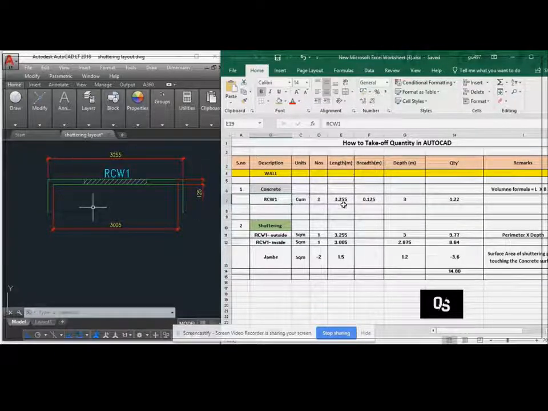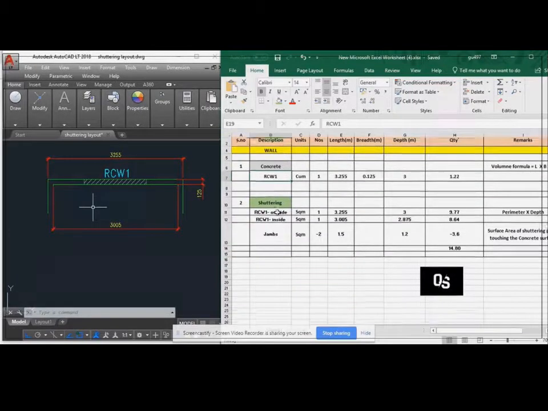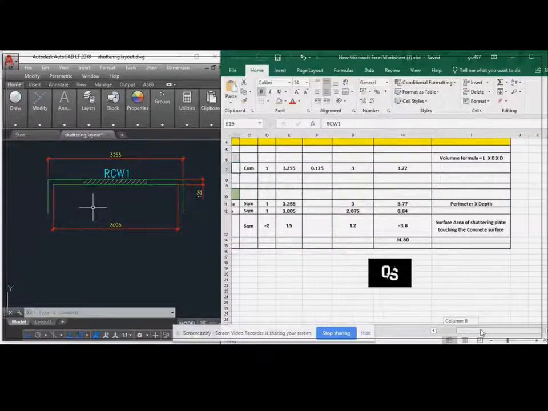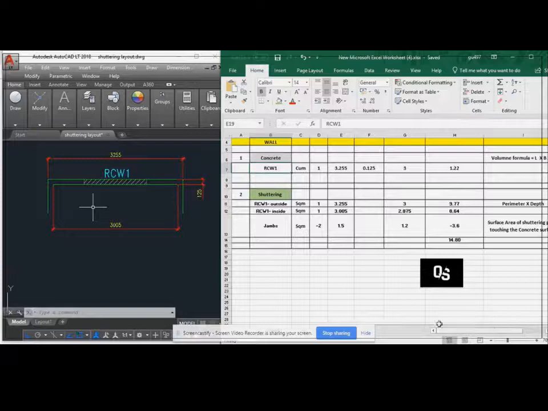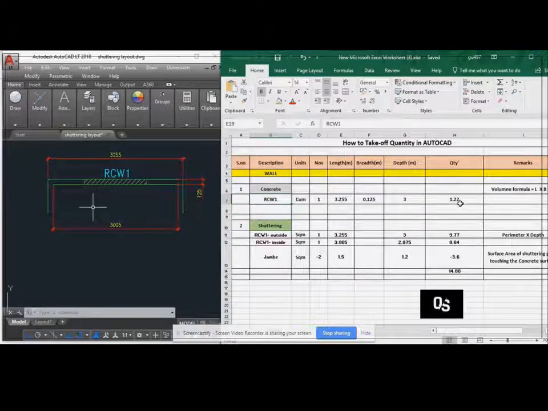Number 1, length is 3.255, the breadth is 0.125 and the depth of the wall is 3 meter. The volume of the concrete is length into breadth into depth. If you multiply that, you will get the quantity 1.22.